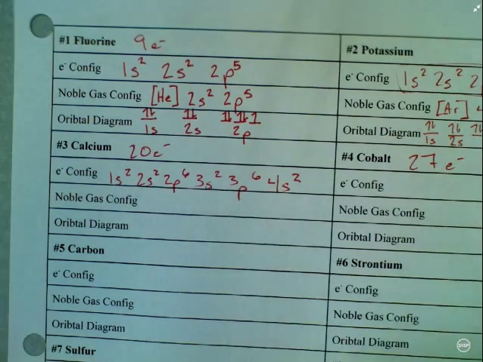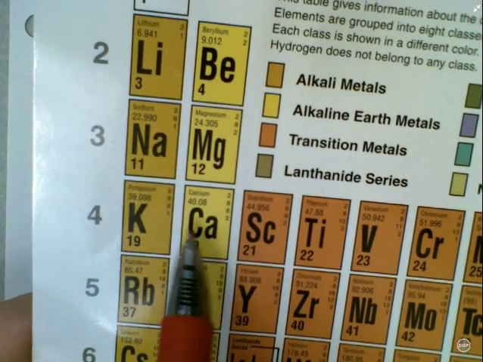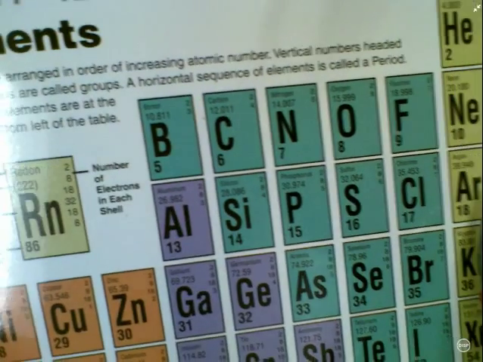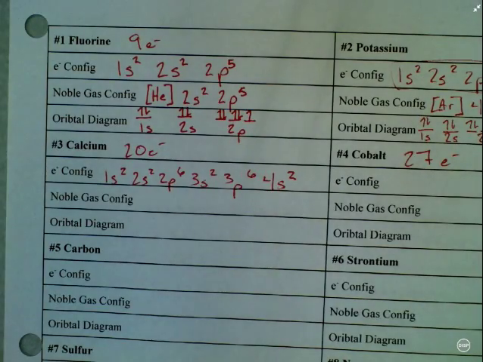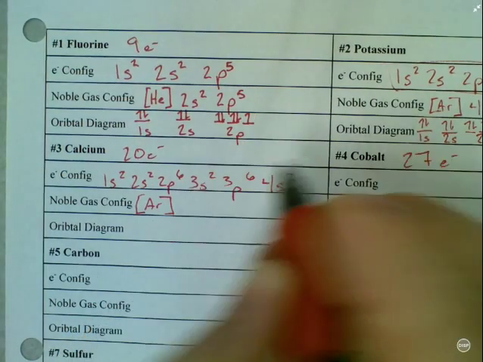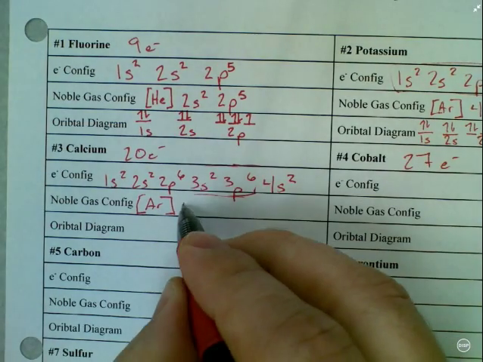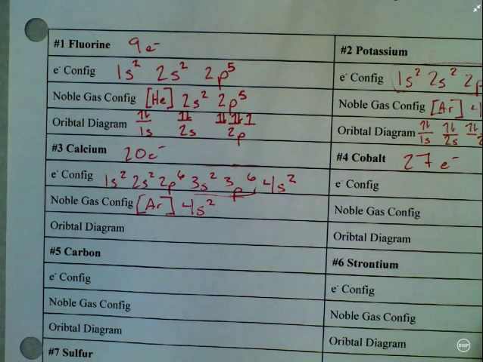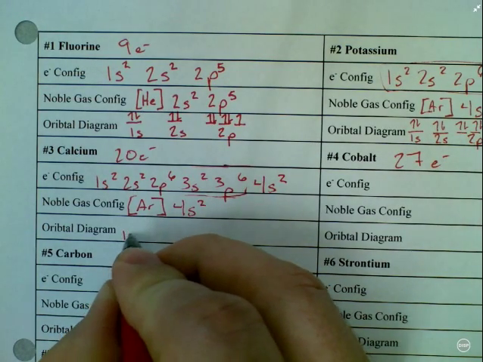Noble gas notation. I'll find my calcium, go backwards to the nearest noble gas, which is going to be argon. Argon accounts for everything before that. So all I have to write now is 4s2. Boom. All right, now I got to do a lot of line drawing.